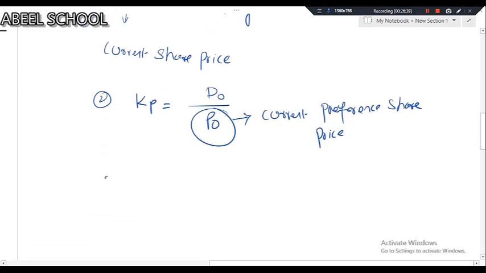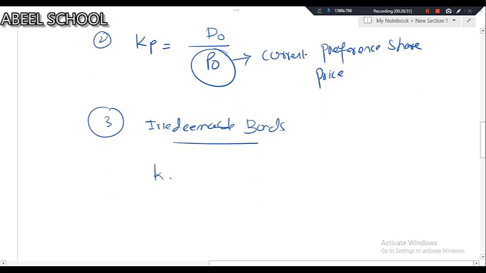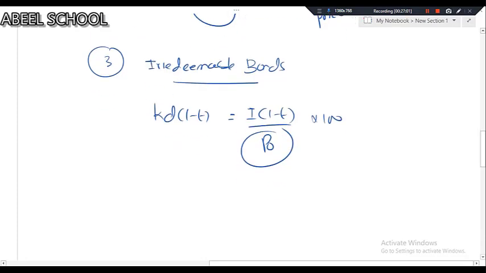Third, in case of irredeemable bonds, when we calculate KD, 1 minus T, by using the formula of irredeemable bond, this is divided by P naught, obviously into 100. This P naught is representing current bond price.